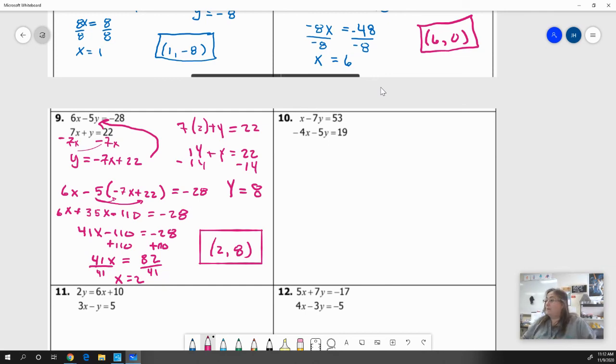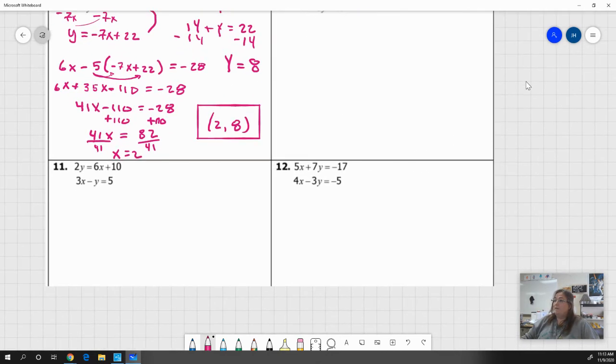I want you to notice that you can look at these problems and know which one to solve for, right? I would solve for x in this problem. Why? Because there is no coefficient here, which means all I have to do is add 7y to both sides and I can substitute. Whatever I get over here, I'm going to substitute in for x over here. On this one, I would solve this equation for y. Why?